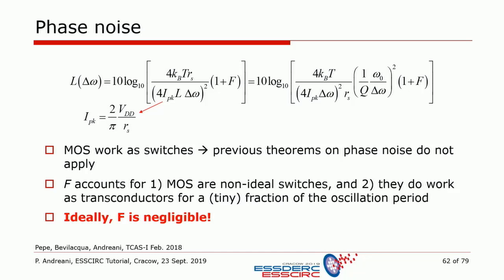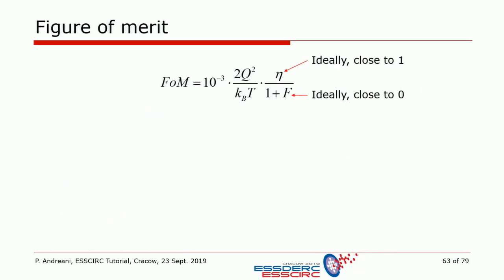So the interesting thing here is that, in principle, this topology is capable of achieving an almost ideal performance in terms of figure of merit. You cannot go beyond that. Basically, this is ideally close to 1, perfect, like in class D amplifiers.